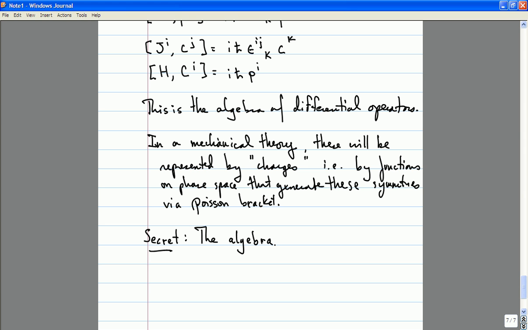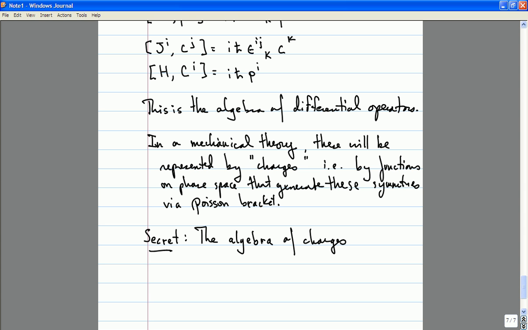Okay. So far, in all of our examples of symmetries, the algebra of charges, the algebra of functions on a phase space when you take their Poisson brackets, is equal to the algebra of the differential operators.